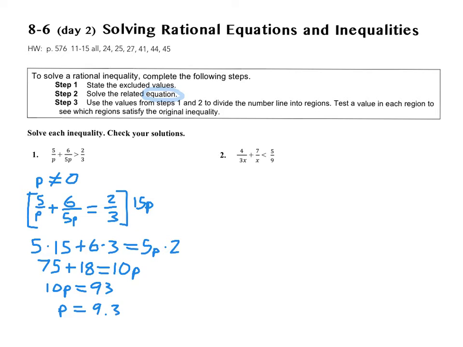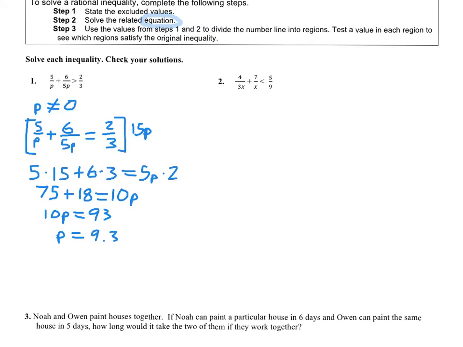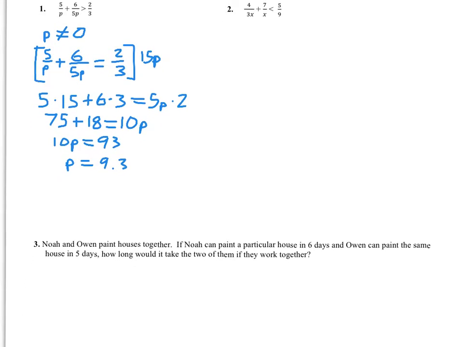So usually after you solve for the variable, you're done, but these are inequalities, not equations, so we still have step 3 to do. Step 3, use the values from step 1 and step 2 to divide a number line into regions. Test a value in each region. Alright, so I'm going to make a number line.